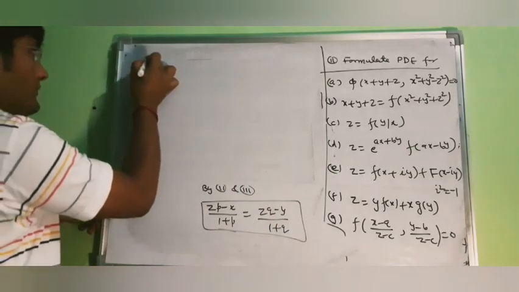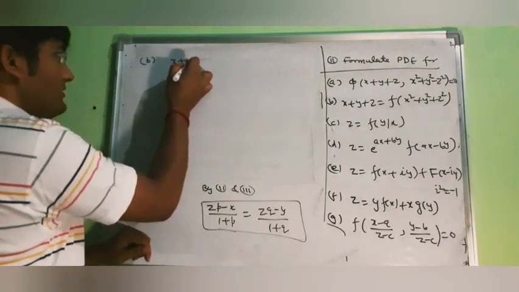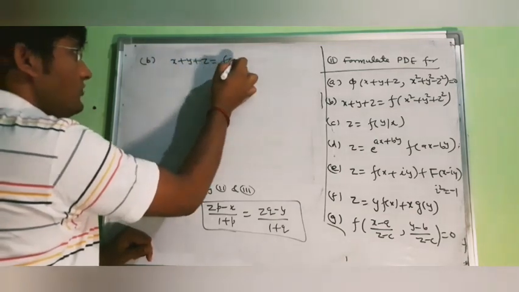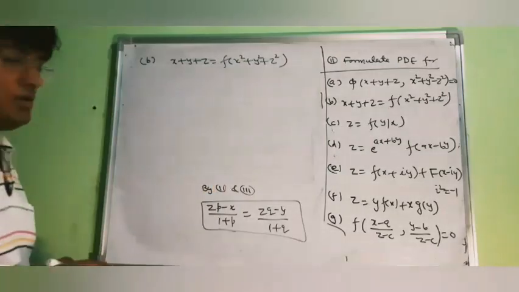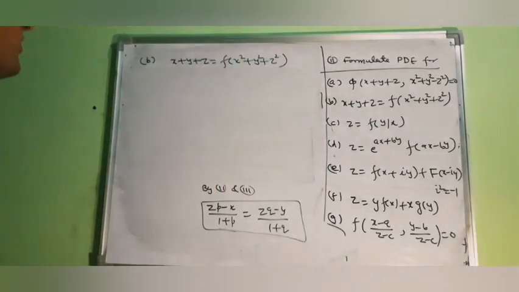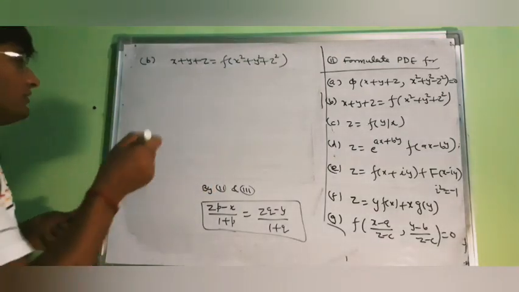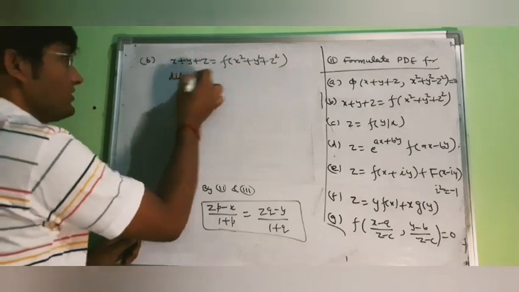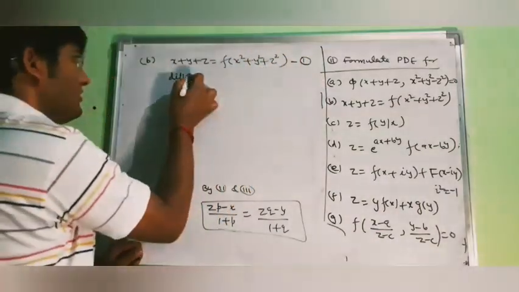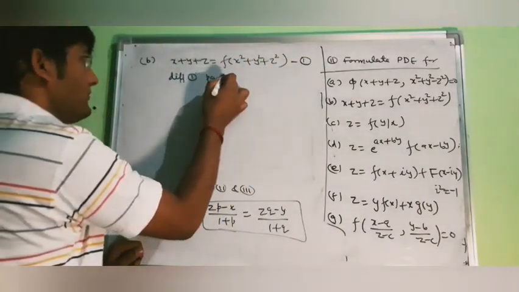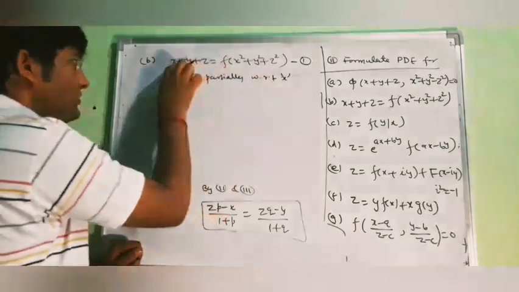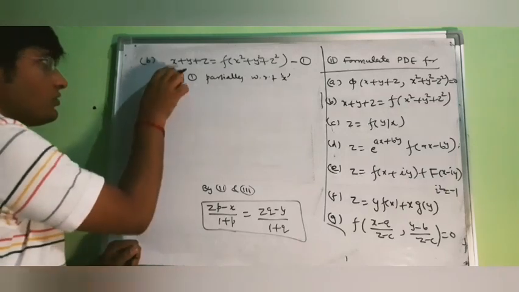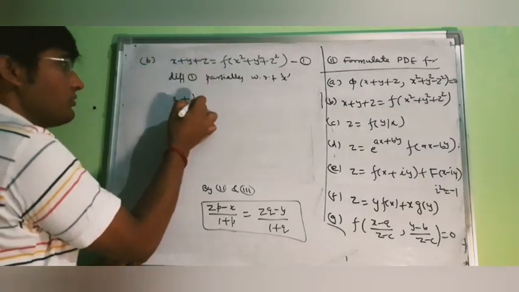So B. Here we have x plus y plus z equal to some function of x square plus y square plus z square. So let us differentiate this equation partially with respect to x. So differentiating, say this is equation number 1, partially with respect to x. So differentiation of this one with respect to x will be your 1, and then del z upon del x will be your p.